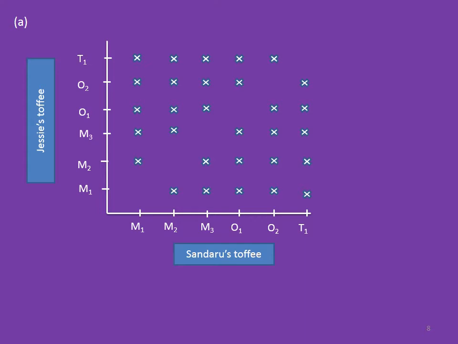Part B. Using the grid, find the probability of each of the following events. First one, both getting toffees of the same flavor. Same flavor can be milk toffees or orange flavored toffees, but we can't get tamarind ones.